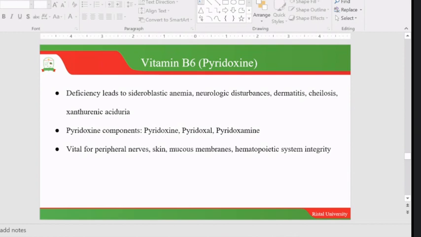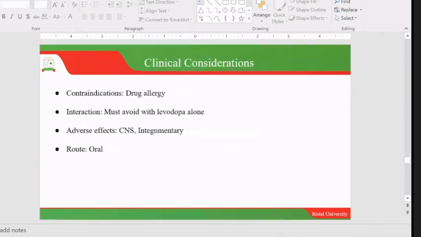All right. What are the clinical considerations? It is contraindicated if someone is showing allergies, as most of these are. As for interactions, the only one we could talk of is that it should not be given with levodopa, which is a treatment given for people who, if I remember correctly, have Parkinson's disease.